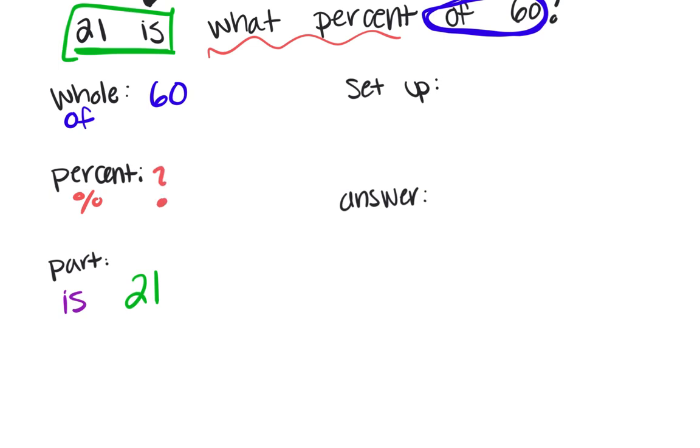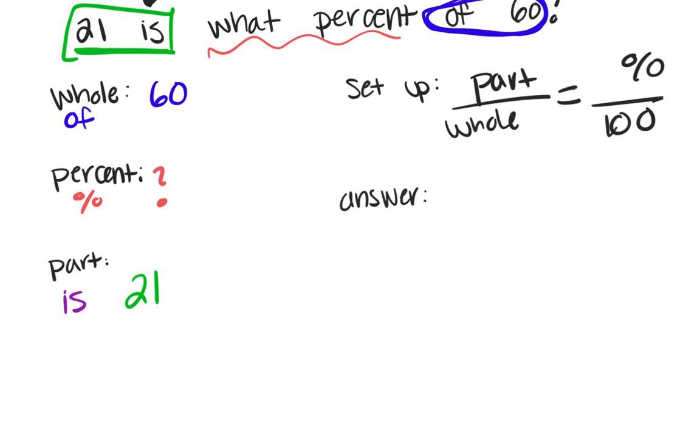So one of the ways we can set it up is that the part divided by the whole is equal to the percent divided by 100. So this is where having sorted my numbers with the words already is helpful. So now I can just go replace the words.